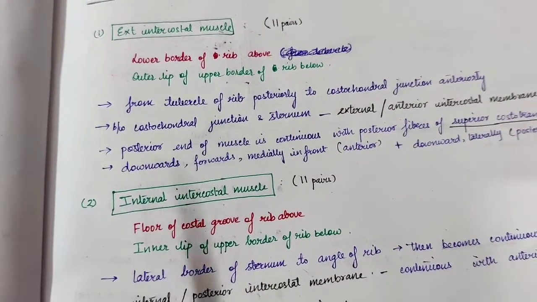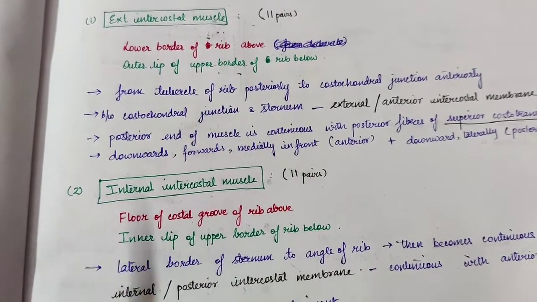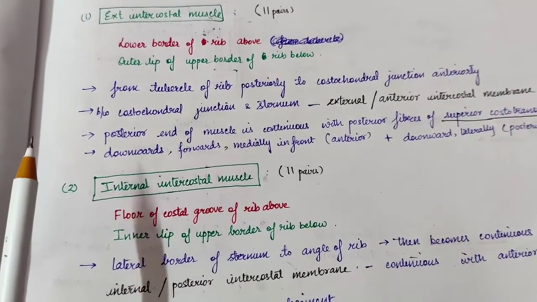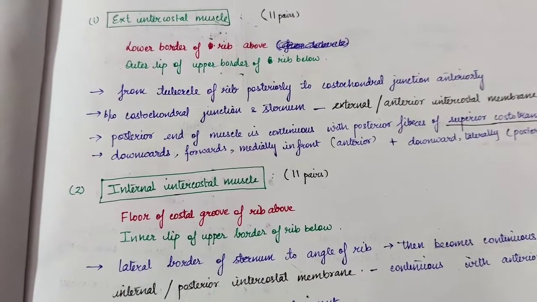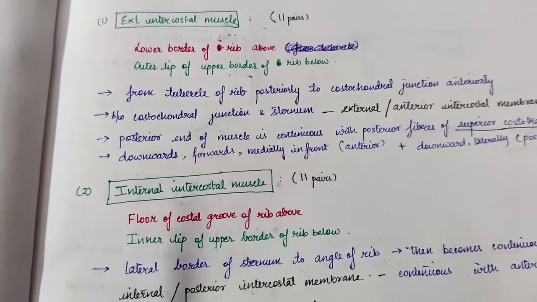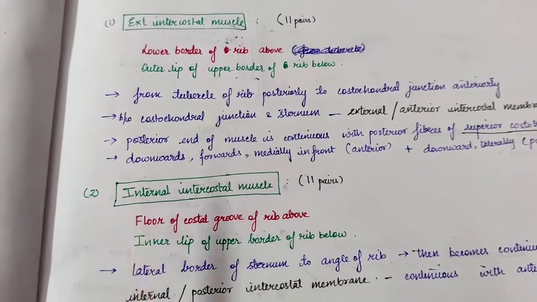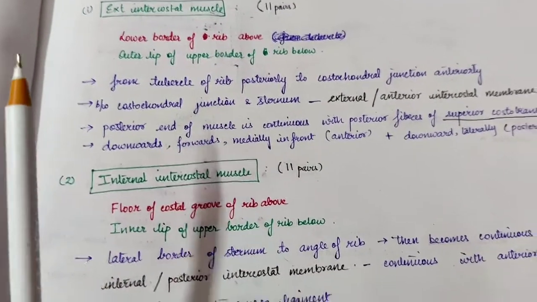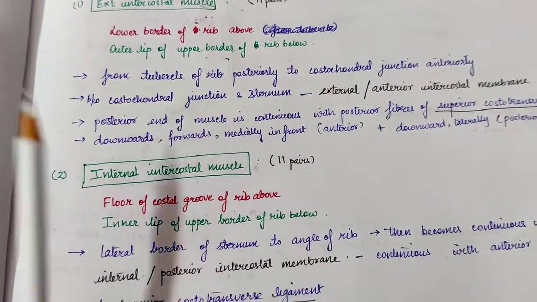Okay, so we have the costochondral junction where the costal cartilage joins with the sternum. So it starts from the tubercle of the rib, from the posterior part, to the costochondral junction. Now between the costochondral junction and the sternum, we do not have the muscle, we have the external or anterior intercostal membrane.